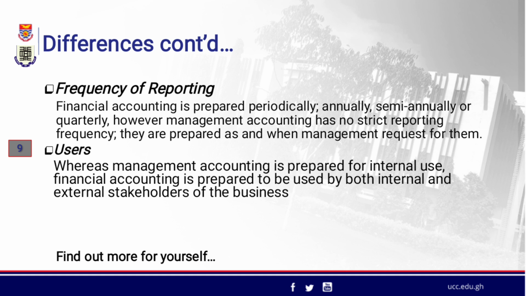However, management accounting has no strict reporting frequency. They are prepared as and when management requests for them. Users. Whereas management accounting is prepared for internal use, financial accounting is prepared to be used by both internal and external stakeholders of the business.